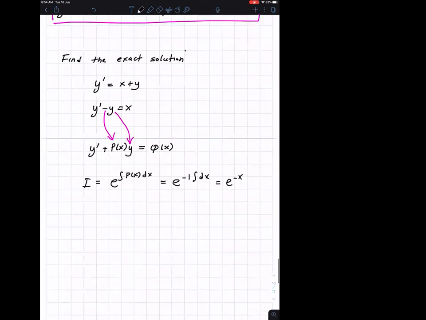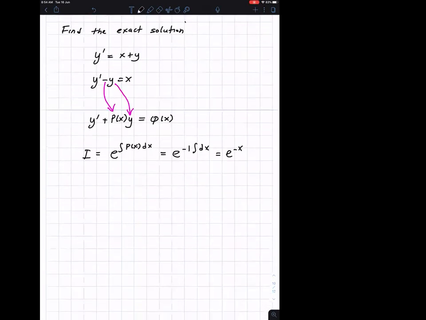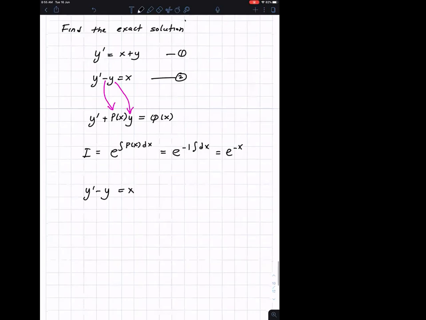So this is the integration factor. If you take this integration factor and multiply through the differential equation that was given to you, we call this equation 1, and then this is equation 2. You multiply through equation 2.